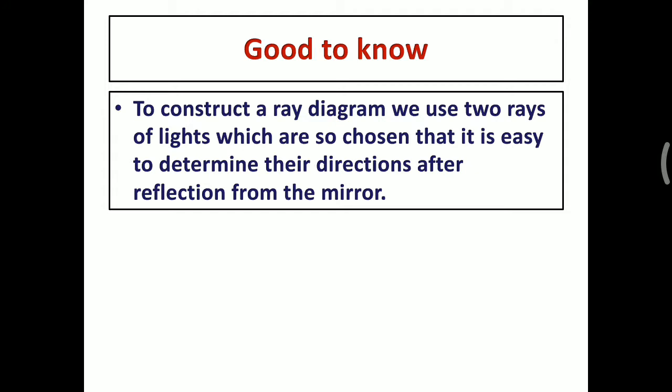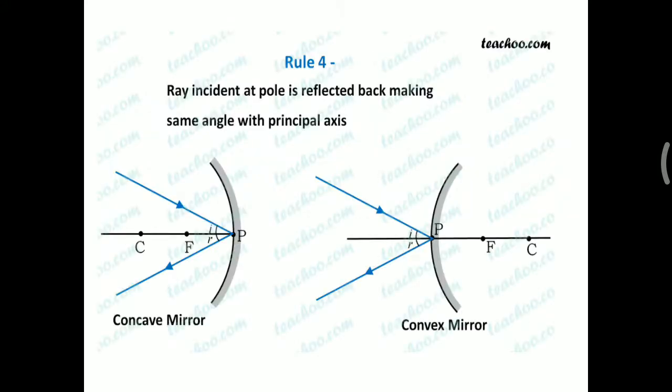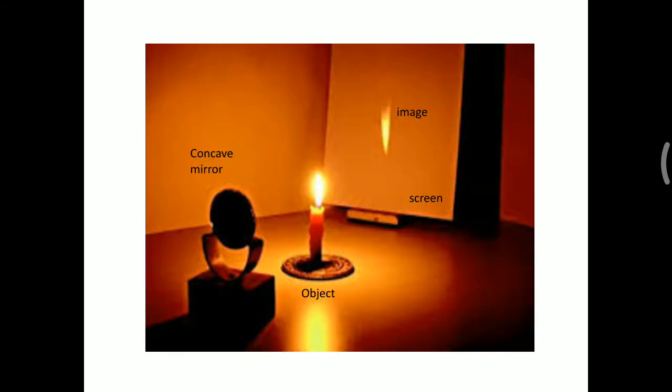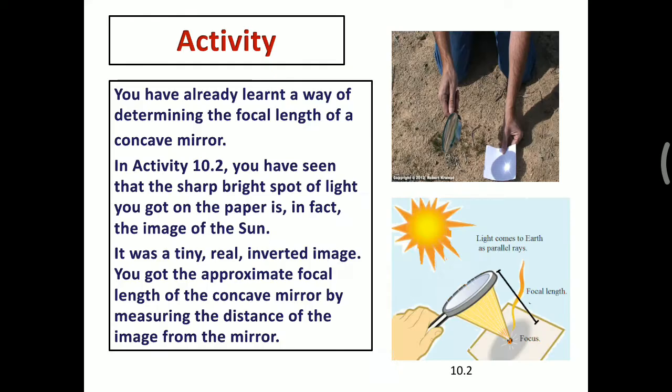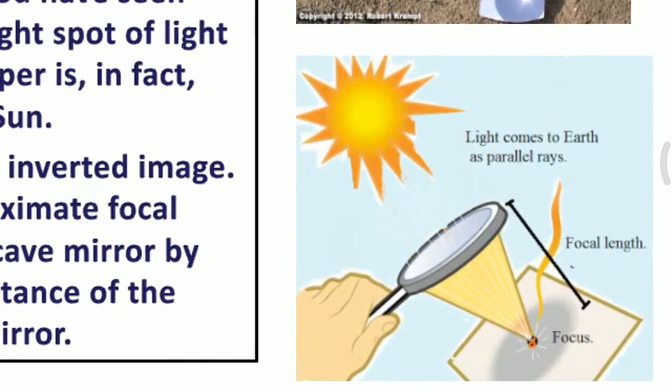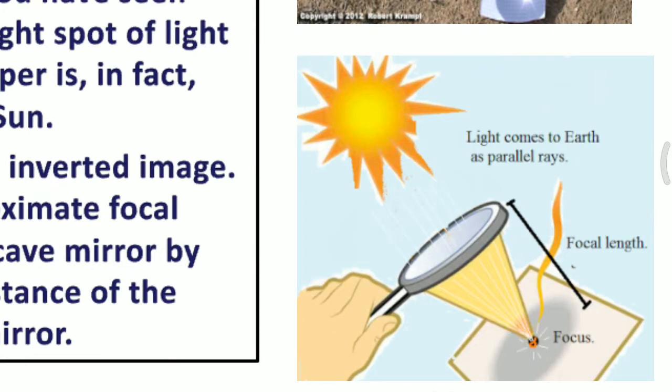To construct a ray diagram, we use two rays of light which are so chosen that it is easy to determine the direction after reflection from the mirror. You know that sunlight contains many parallel rays.